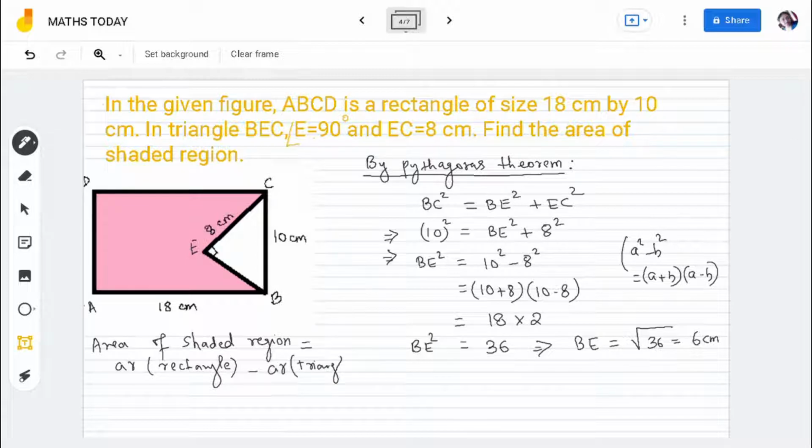It is length into breadth. Length is 18, breadth is 10, minus area of triangle, which is half into base into height. Our base is EC, which is 8 centimeter, and height we have just now got as 6. After calculating this, we see 180 minus 24. So the area we have got is 180 minus 24, which is 156 centimeter square.